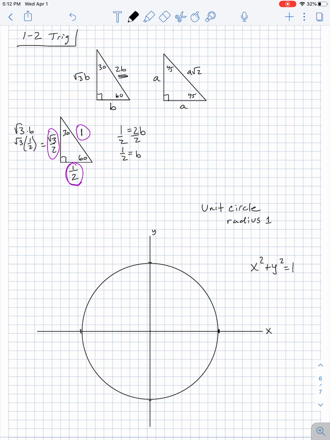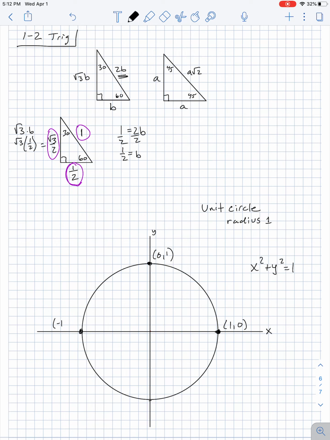It's not super important, but just a fun, free piece of information. So this point right here on the circle is 1, 0, and this is 0, 1, because we're on an xy coordinate plane, so it's over 1 up 0 and over 0 up 1. Similarly, this point is negative 1, 0, and this point is 0, negative 1.